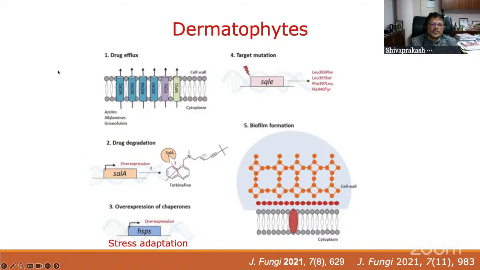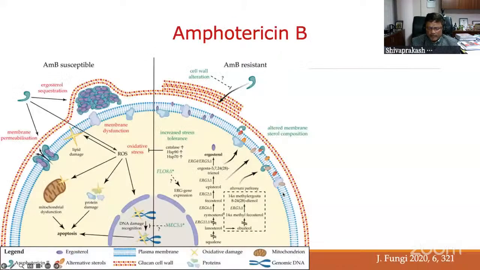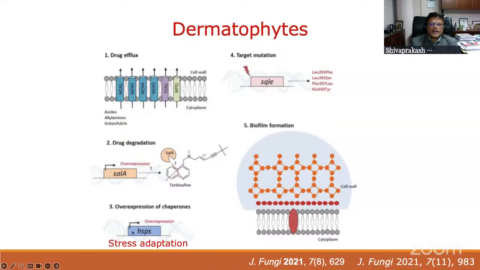You can also see MDR drugs as well as PDR and MFS1, with increased drug efflux. Biofilm has also been shown in dermatophytes, but it is not well studied. Heat shock proteins, like overexpression of chaperones, or stress adaptation is also an important mechanism. The major mechanism for terbinafine or allylamines is mutation in squalene epoxidase, whereas for fluconazole it is mainly the efflux pump.